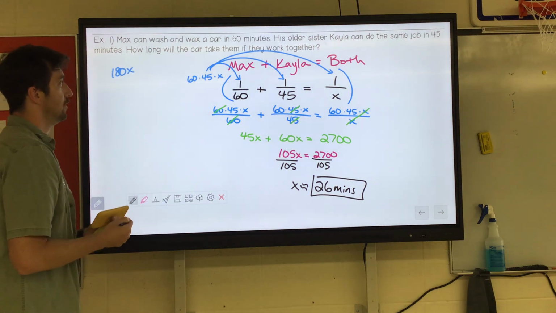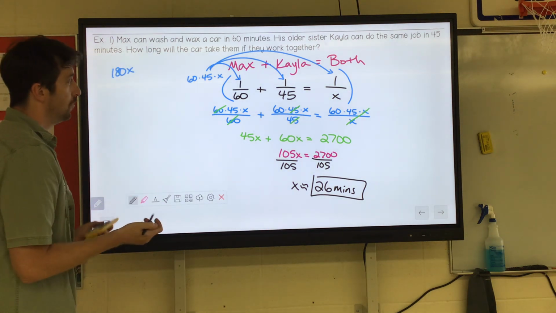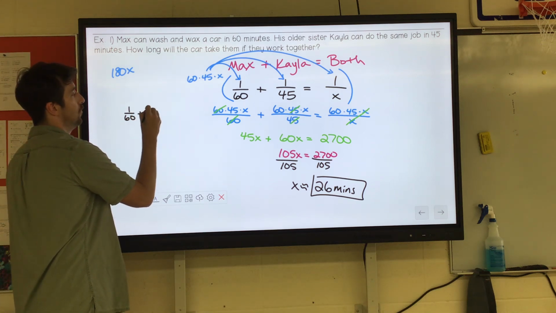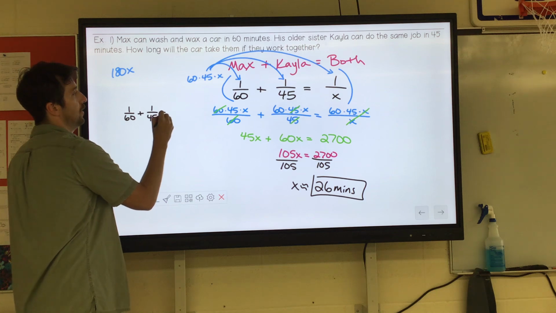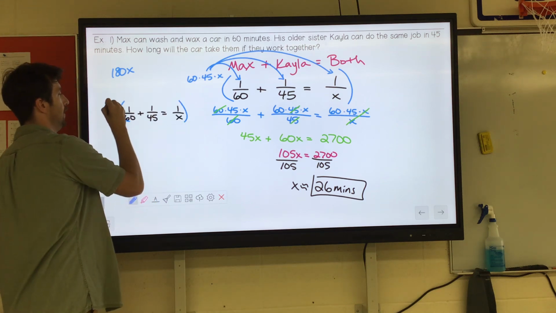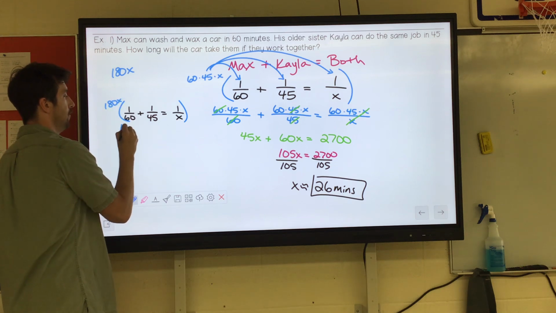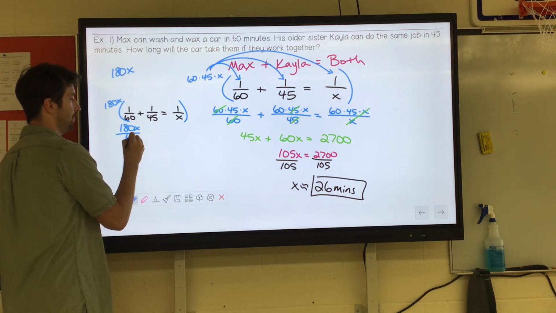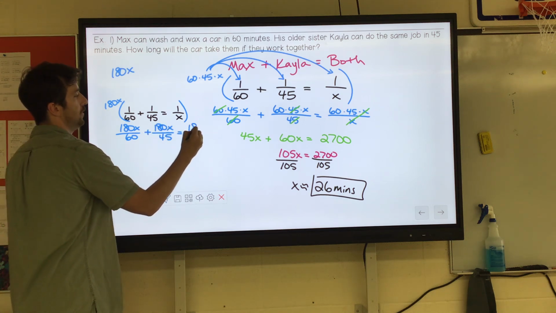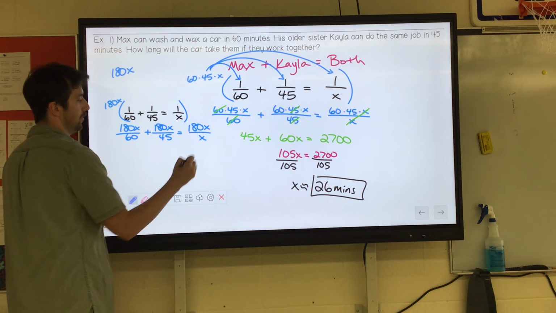Now earlier I said that they all go into 180 as well. So if we did 1/60th plus 1/45th equals 1 over x, and we multiplied all these by 180x, we'd have 180x over 60 plus 180x over 45 equals 180x over x.